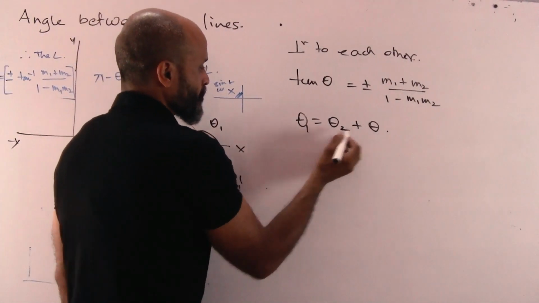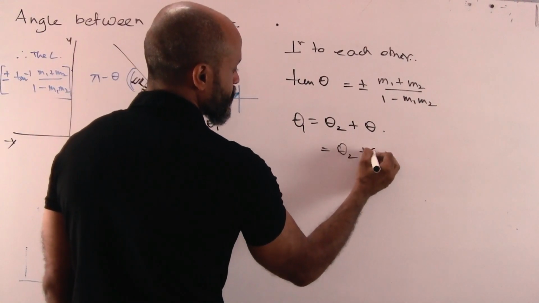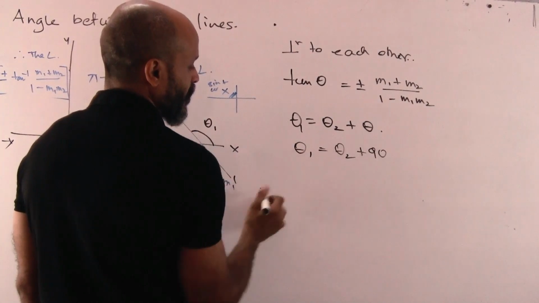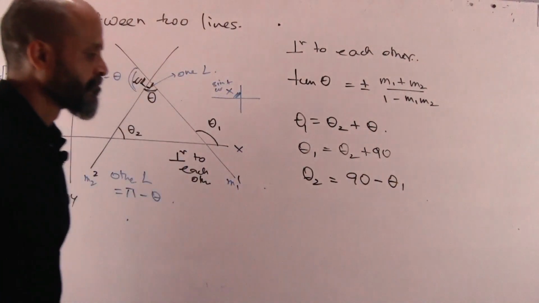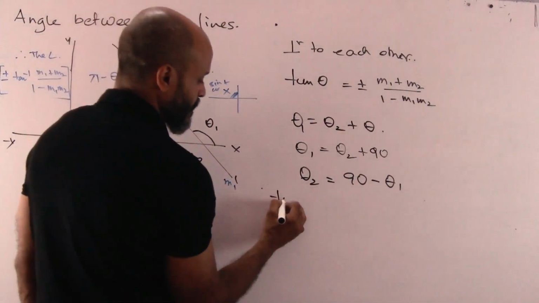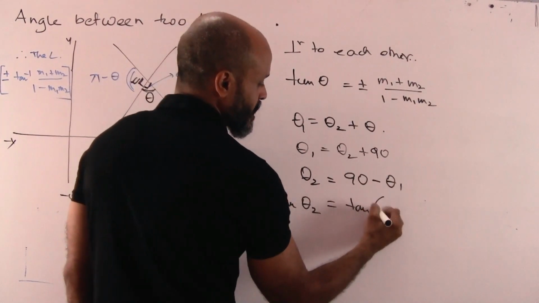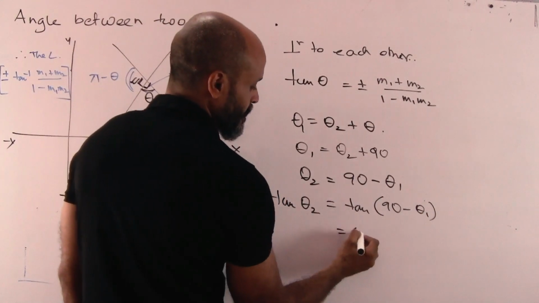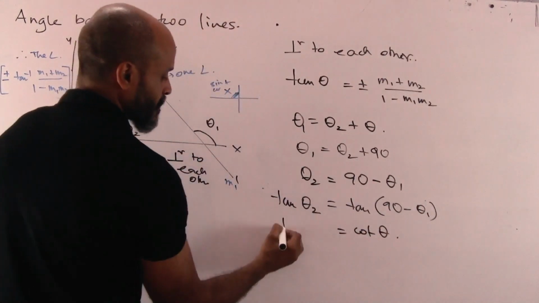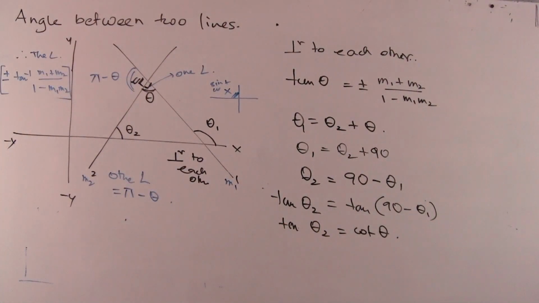So this is basically 90, theta 2 plus 90, or we can say theta 2 is equal to 90 minus theta 1. So, we can say that if we take tan on both sides, tan theta 2 will be equal to tan of 90 minus theta, which is basically equal to cot theta.